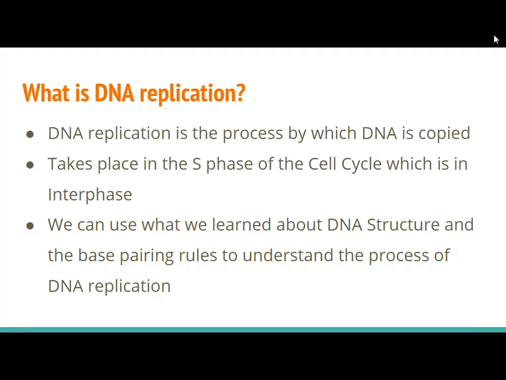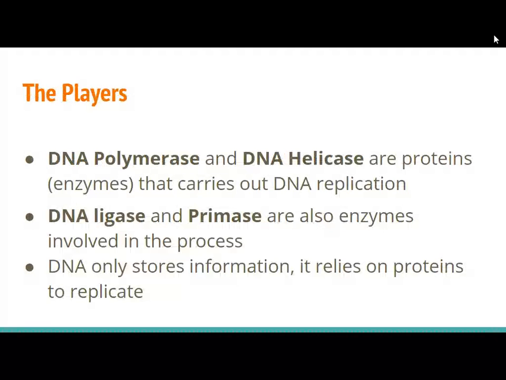All right. We reviewed the cell cycle from the very beginning of our cell unit. We had the M phase, G1, S, and G2, and the S phase is where we are existing within DNA replication, and that we can use what we know about DNA structure and our base pairing rules to figure out how DNA is replicated.